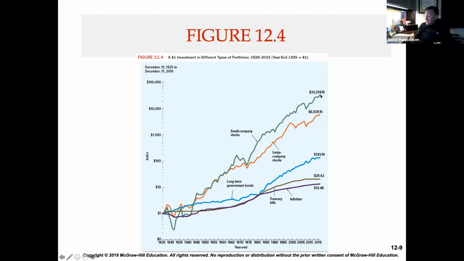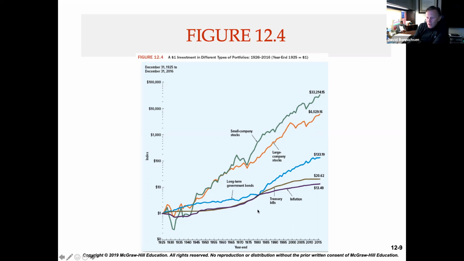So you'd have to be very disciplined from an emotional intelligence standpoint to believe that it's going to recover and you don't sell. So return and risk. You had to risk a lot to get that level of return, right? So that's what we're going to get into in today's conversation.